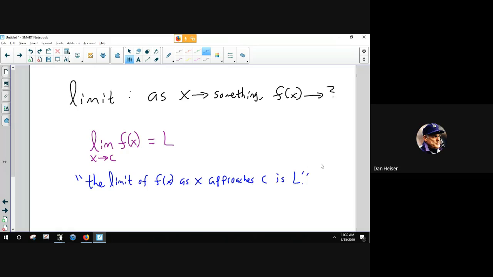X is getting really, really close to some value. C is a constant, so x is getting really, really close to something. What is f of x? In other words, what is y getting close to? We're going to start by looking at these graphically.